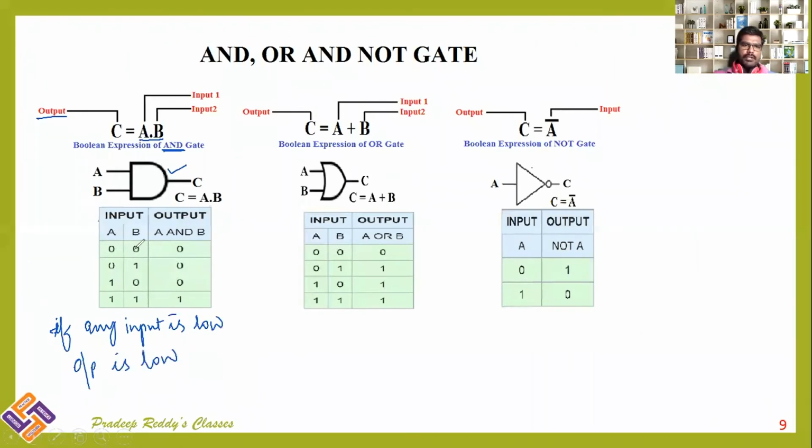So here 0 0, 0 1, one input is low, therefore output is low. Both the inputs are high, then only output will be high. That's the logic of AND gate.